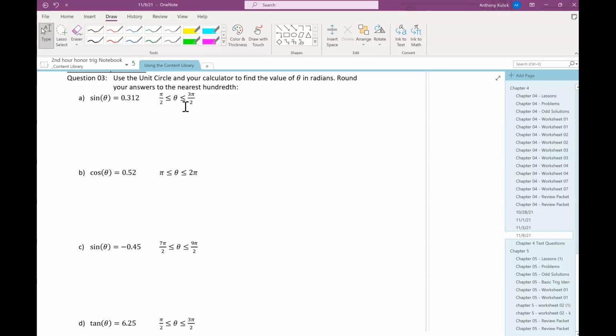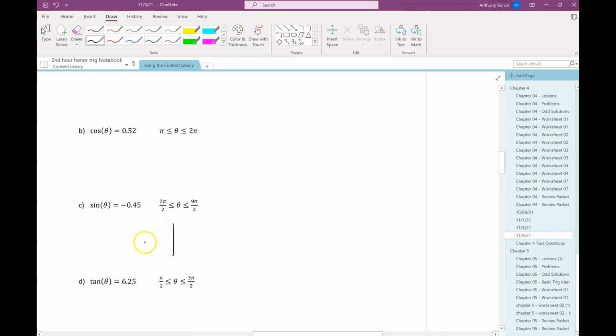So the way that I've done the problem, where I've shown you guys, I've always just accounted for the interval when we've drawn them. So I'll draw this, I'll be like 0, pi over 2, pi, 3 pi over 2, 2 pi, and so on, 3 pi, 3.5 pi, 4 pi, and then 4.5 pi.